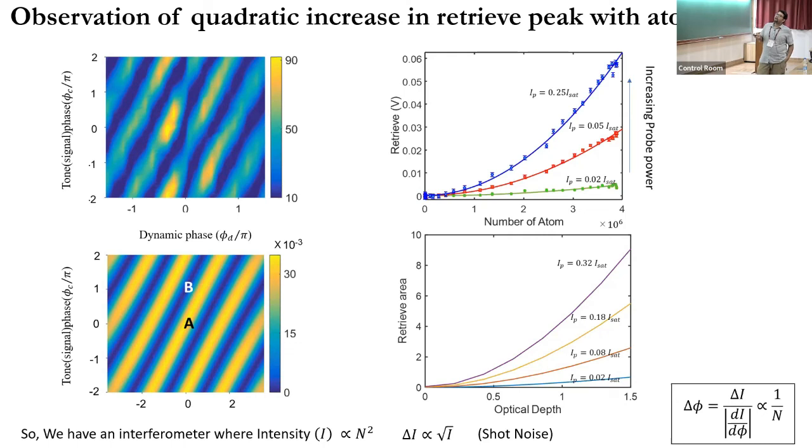So basically, when you are scanning the magnetic field, we are actually increasing the detuning. As we increase the detuning, due to two-photon detuning, the efficiency goes down. So that's why there is a gradual decrease.